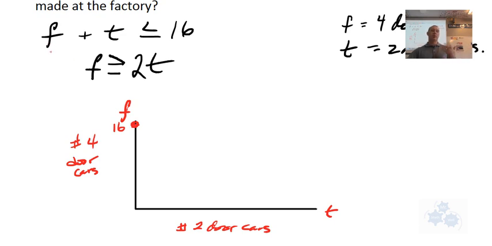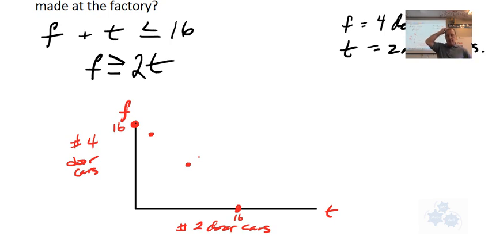The other one, of course, 16, 0. So this is the point 0, 16, this is the point 16, 0. And obviously 8 and 8, you put that up there too, and 2 and 14, and so on. And so you can see that we are getting a straight line here.